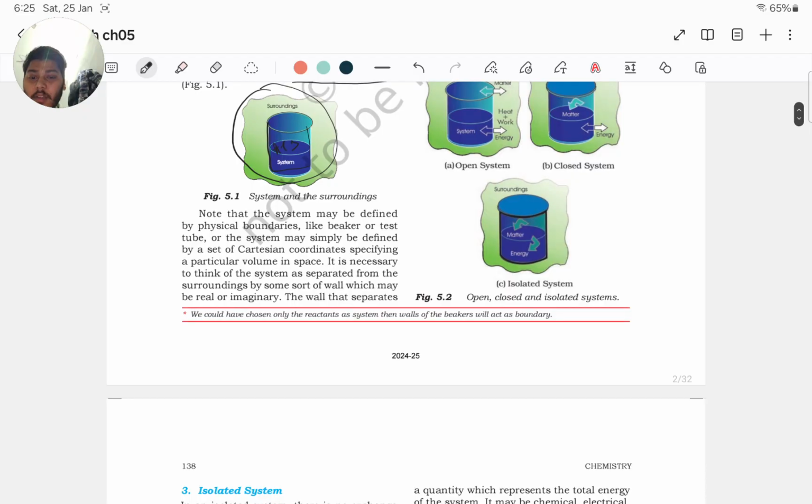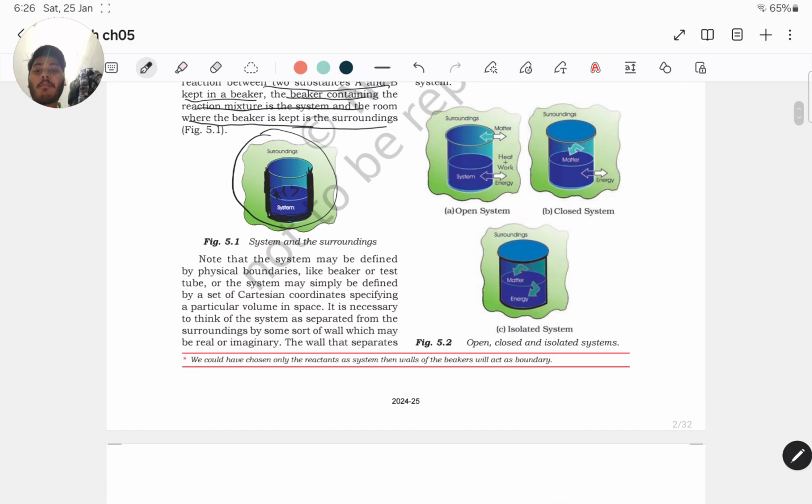Then the next thing is that there is a separation between the surrounding and the system. What is the main thing of the separation? That's the boundaries, because the solution of NaOH and H2O is not directly related to the surrounding; it may be separated by some boundaries.